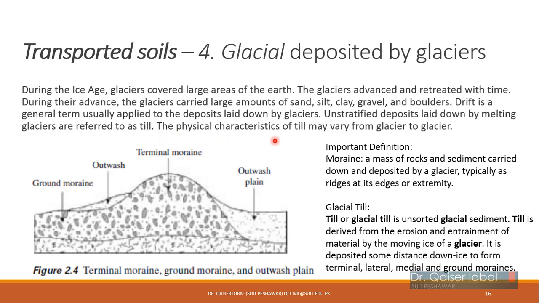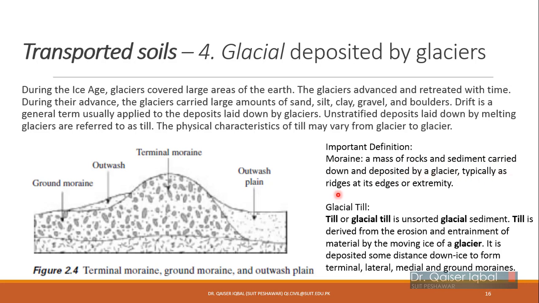The physical characteristics of till may vary from glacier to glacier. If the glacier is overlying sandstone, maybe it will be more sandy or silty in origin. If it is overlying a softer rock like limestone or dolomite, then the tills may be more clayey in nature.